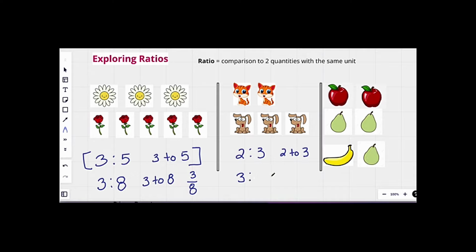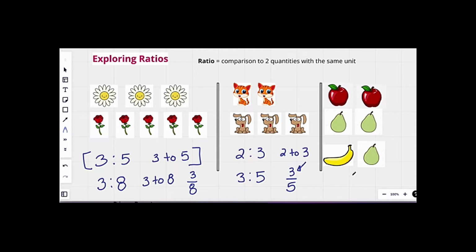So how many animals do we have in total? Well, 1, 2, 3, 4, 5 animals in total. So our dogs to all of the animals ratio would be 3 to 5, or as a fraction, 3 over 5. That means that we have 3 dogs out of all of the animals that we have.